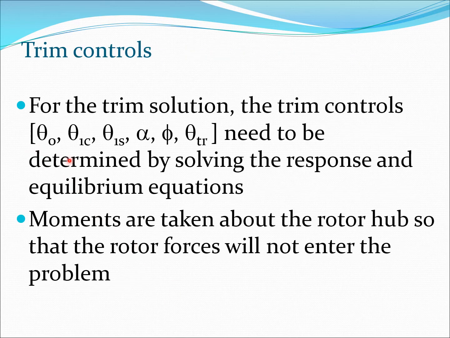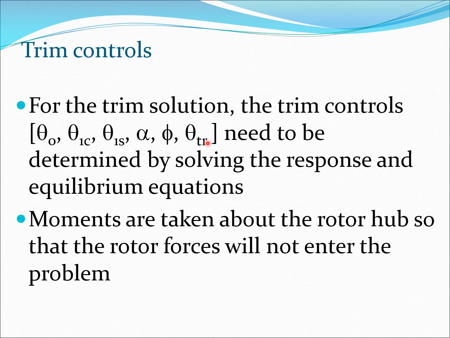So the four pilot controls are there: theta 0, theta 1c, theta 1s, theta tr, and we also saw that the rotor is in space and the tilt of the rotor is given by alpha and phi, and these can all be determined by solving the response and equilibrium equations.